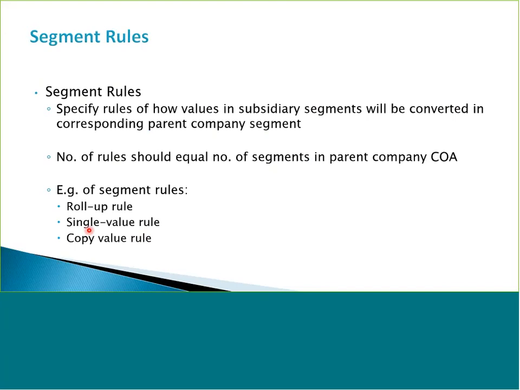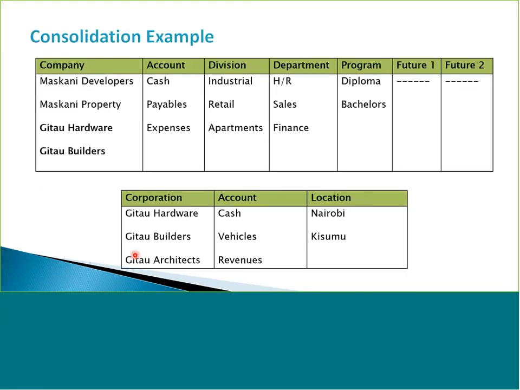So here we have another type of segment rule, which is called copy value from rule. Although we are not going to be using it for our example, how do we do copy value from rule? So this kind of segment rule can be used when the value sets are the same. What do I mean by that? It means the values in the value sets are similar for a particular segment. Okay. So assume that this, instead of being location, was department. Okay.